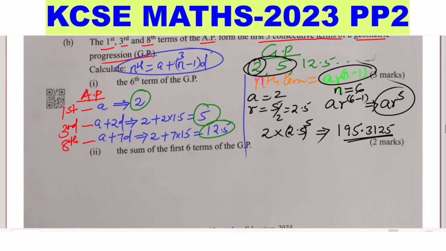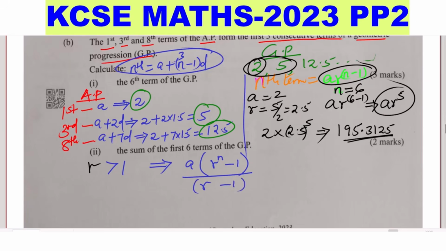How do we get the sum of a number of terms of a GP? There are 2 formulas, and both formulas depend on the common ratio. For example, if the common ratio is greater than 1, we use this formula: A times R raised to power n minus 1, over R minus 1.